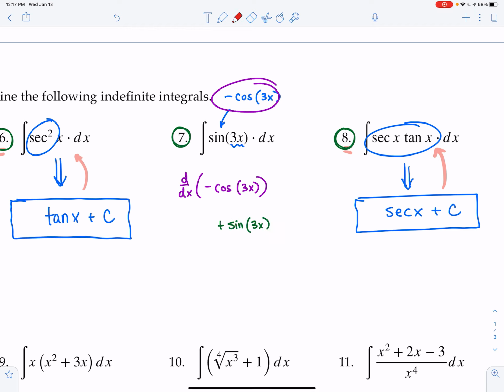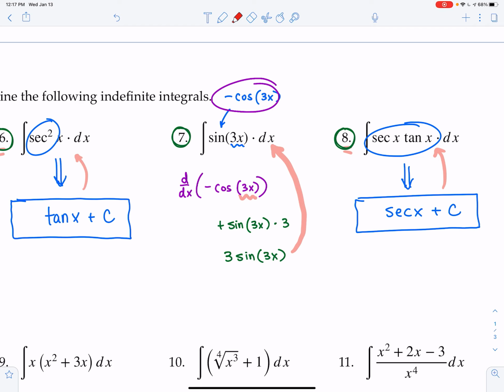But I also know that if I was given this problem, I would be doing a times 3 on it to account for the chain rule. So my answer here is 3 sine of 3x. And now that answer does not give me my original function, and that's a problem.